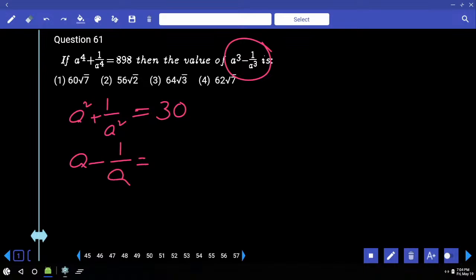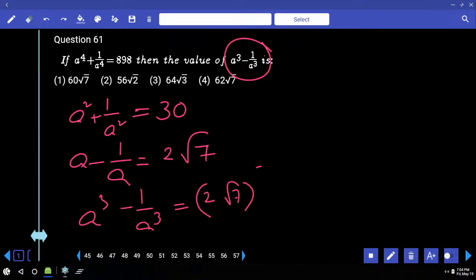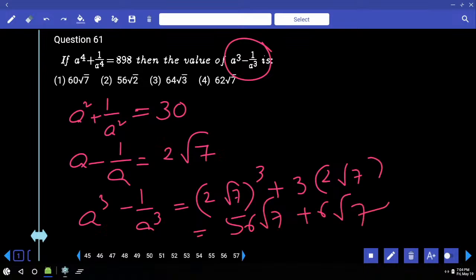Minus 2 square root, minus 2 means 28. Square root is 2 root 7. Isn't it? Root of 28 is 2 root 7. Then cube. A cube minus b cube. A cube minus 1 by a cube is k cube plus 3k. 56 root 7 plus 6 root 7, 62 root 7.